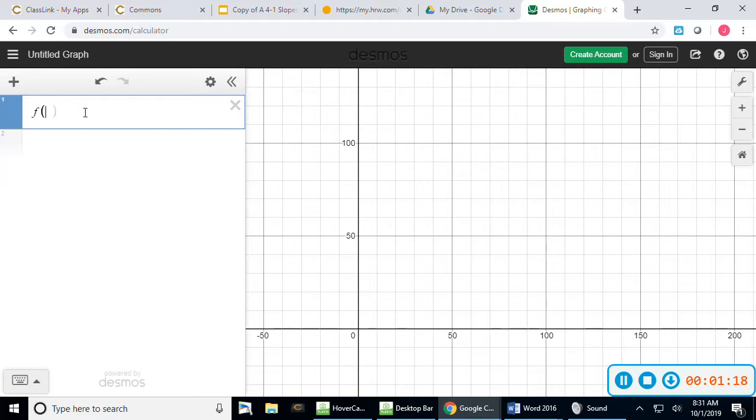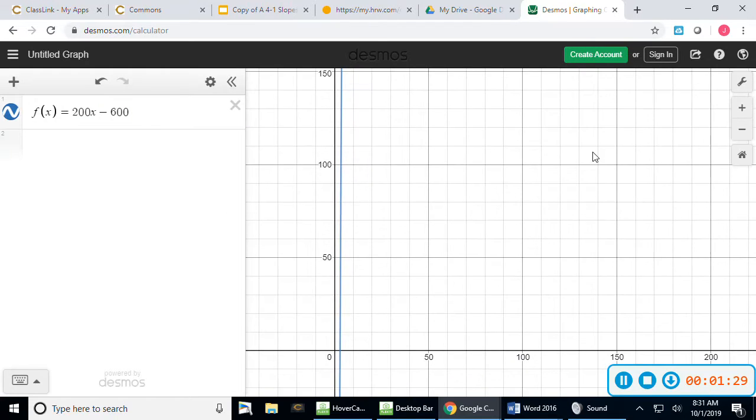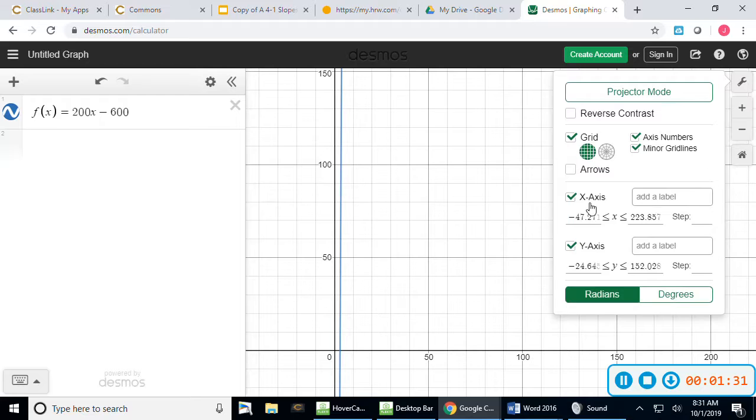I'm going to type f of x equals 200x minus 600. Now I have this graph that doesn't really show me a lot, so if you go to settings, you can change your minimum value so it looks just like what's on your graph.